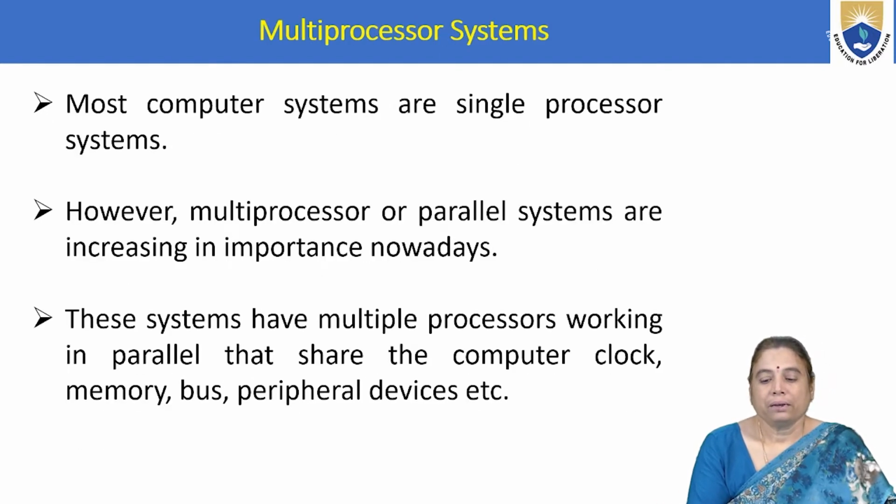So what are multiprocessor systems? Most computers are single processor or uniprocessor systems. However, multiprocessor or parallel systems are increasing in importance nowadays. Why? Because multiprocessor systems are recommended to support multi-user and multitasking operating systems.